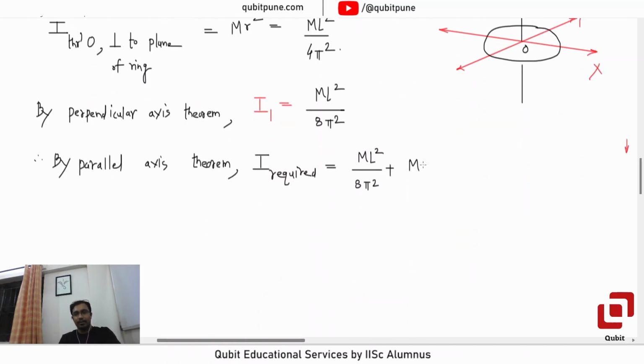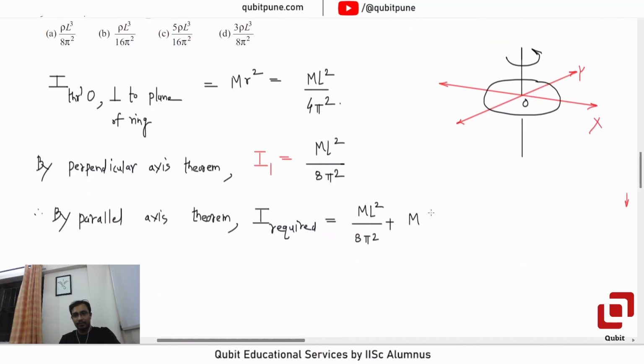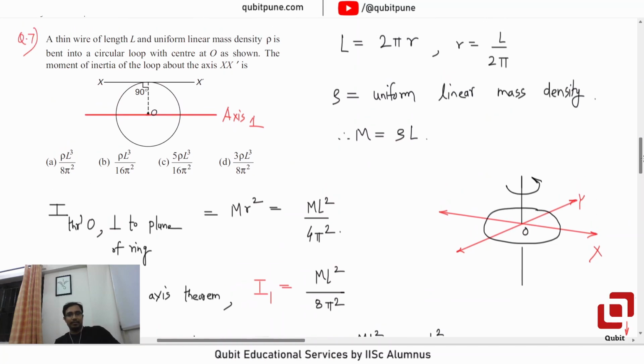Okay, r squared, but what is r? L upon 2 pi. So what will be that? 3 ml squared upon 8 pi squared. This is 1 upon it, and that will be 2 by 8. So 3 by 8 fraction.